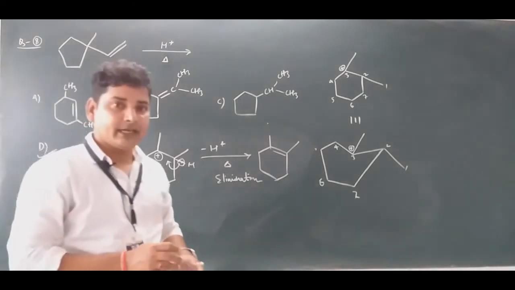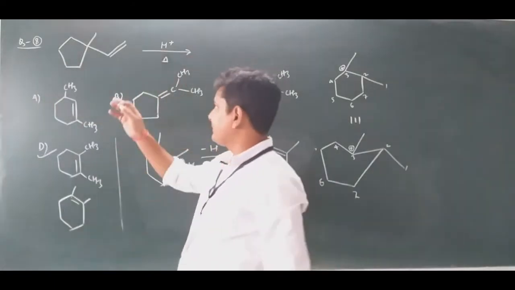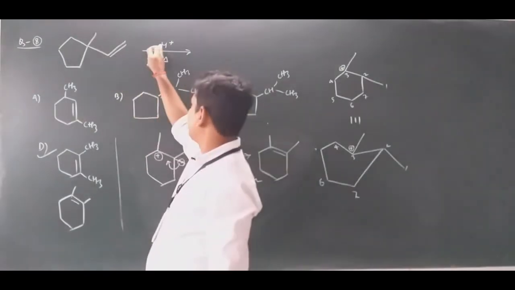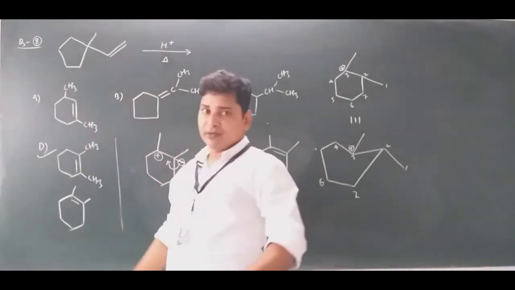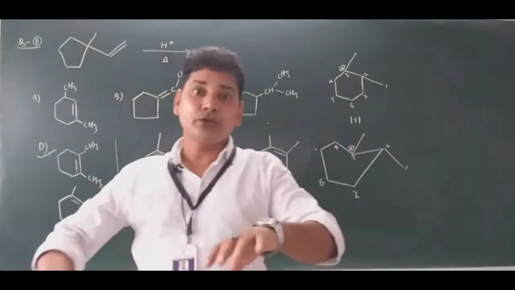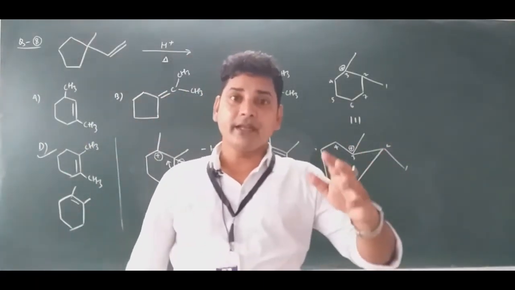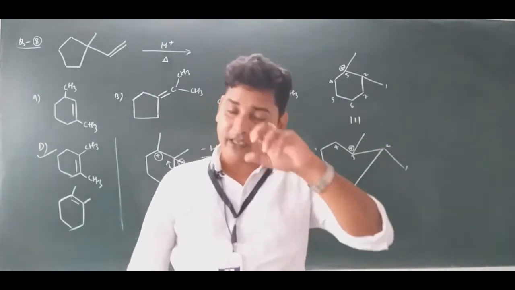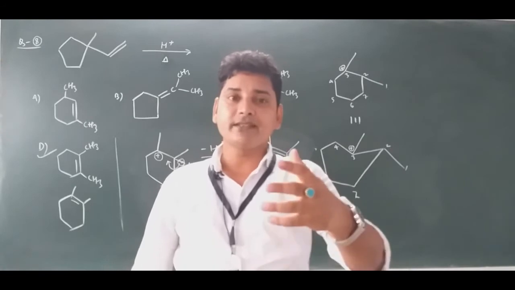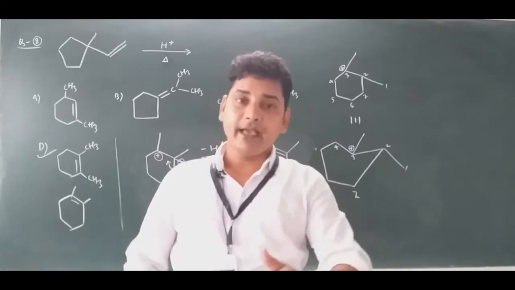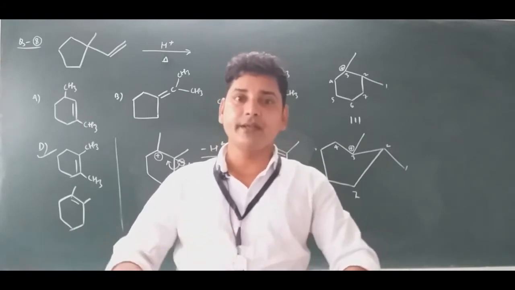So firstly, what we have to do? Firstly, we have to treat this compound with H plus, and after treatment with H plus, there will be formation of carbocation. There are two possibilities. One gives a more stable carbocation, and another gives a less stable carbocation. So we will consider the more stable carbocation, and after that we will consider ring expansion.